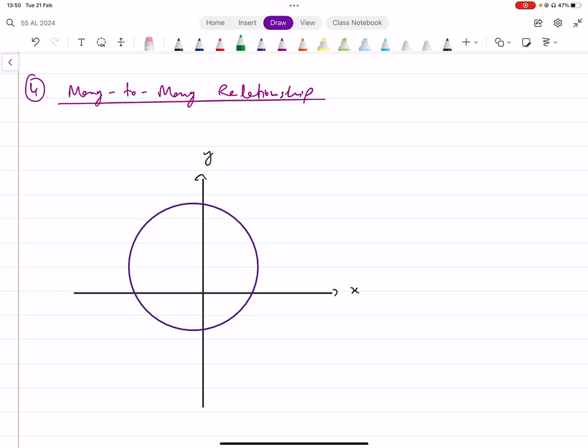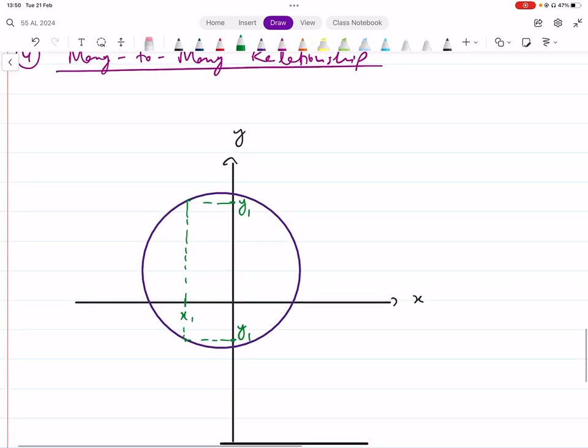If I take one value of x, let's say this value of x, this is x1. At this x1, I'm getting one value of y here, and I'm also getting another value of y on the lower side. This is the second value of y. So one input can give me multiple outputs.